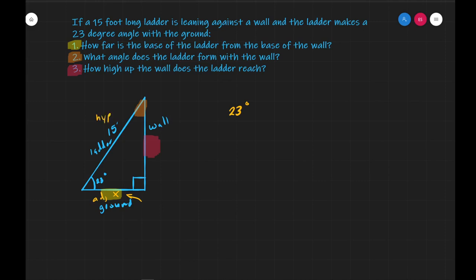Hypotenuse and adjacent, using our SOHCAHTOA, is cosine. So cosine of our 23-degree angle equals x divided by our hypotenuse, which is 15. To move that 15 over, we multiply both sides by 15, and that leaves us with x equals 15 times cosine of 23 degrees.